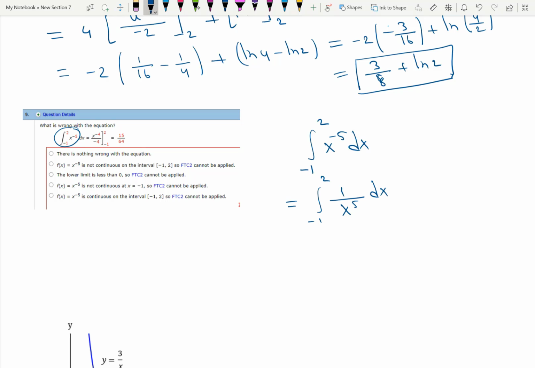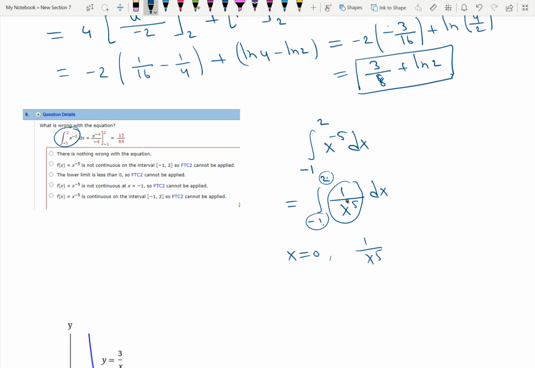Now to apply the fundamental theorem of calculus, the condition was this function f of x should be continuous on the domain a to b. Okay, from a to b this function should be continuous. But here this function 1 over x to the 5 is not continuous from negative 1 to 2. Why? Because when x equals 0, then 1 over x to the power 5 is undefined.